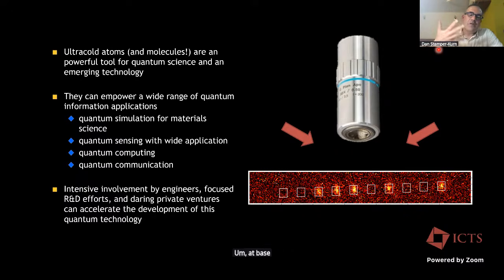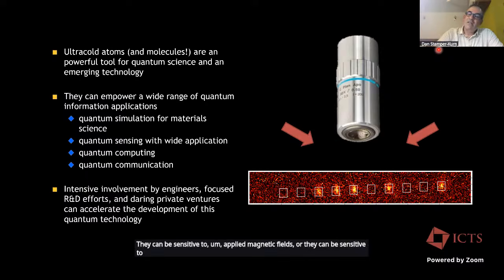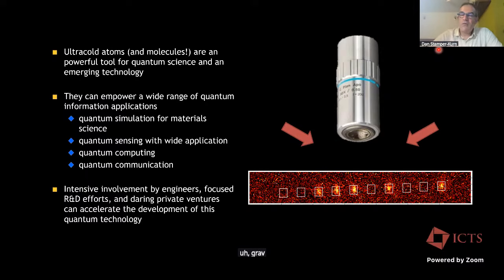At base, the most basic, I mean, I gave a couple of examples, but at base, your atom is a quantum system, and it has different energy states, and those energies can be sensitive to something. They can be sensitive to applied magnetic fields, or they can be sensitive to gravity in the form of acceleration.